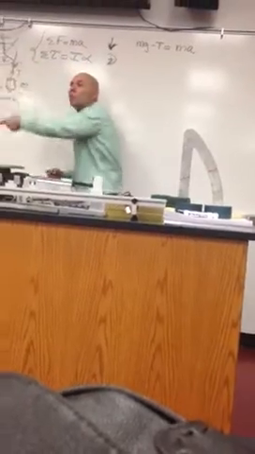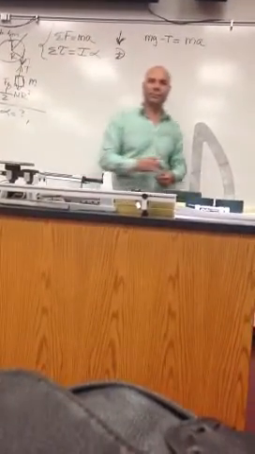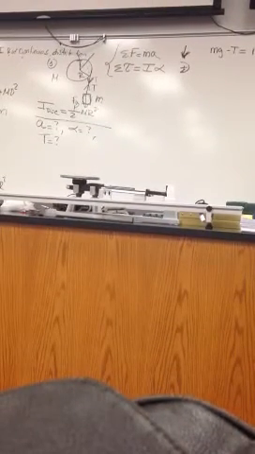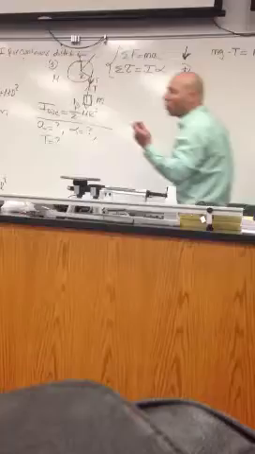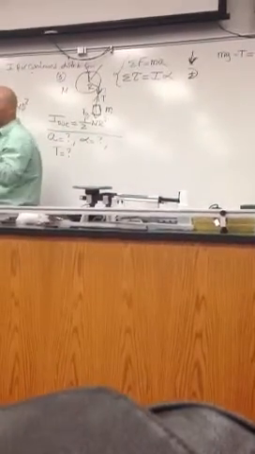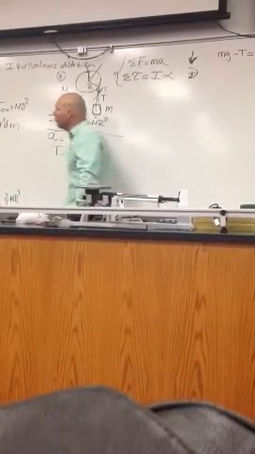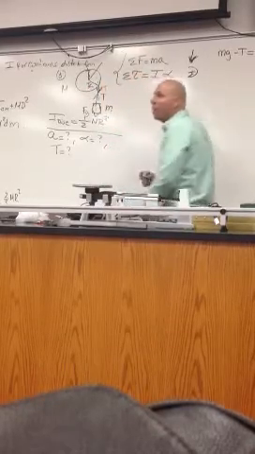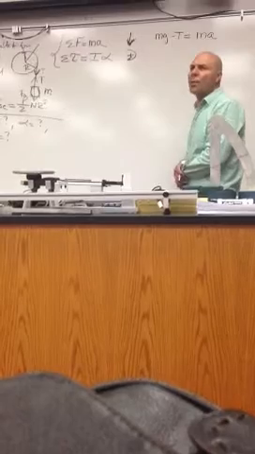What is the only force creating torque? The tension. If the tension is the only force creating torque, we only have torque due to the tension. What is the formula for torque? R times F times sine of the angle. So in this case, what will be R?